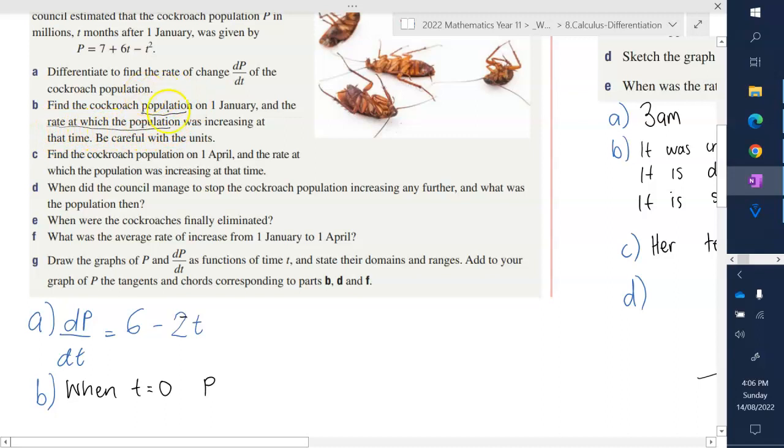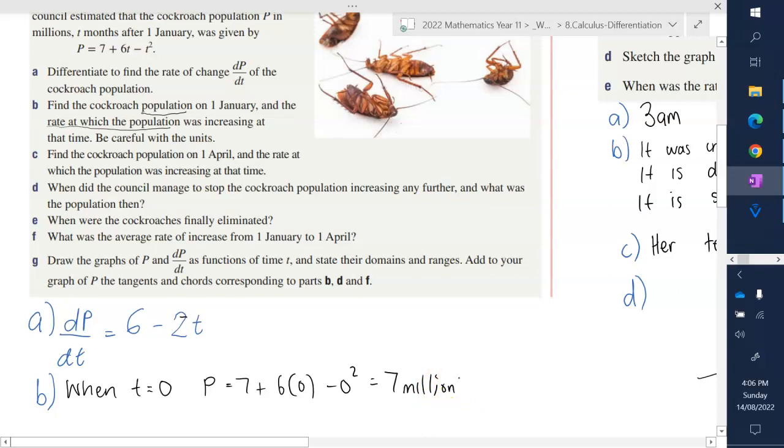First, the population on the 1st of Jan. When time is 0, our population is going to be 7 plus 6 lots of 0, minus 0 squared, which is 7, and that's in millions. So initially, when we started recording on the 1st of Jan, our population is 7 million.